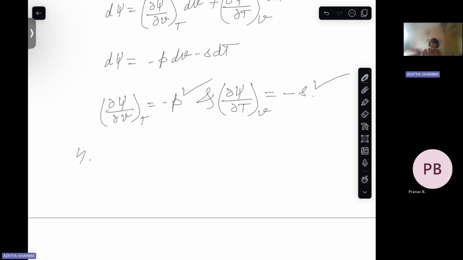Then coming to the last, Gibbs function. This is a function of pressure and temperature.